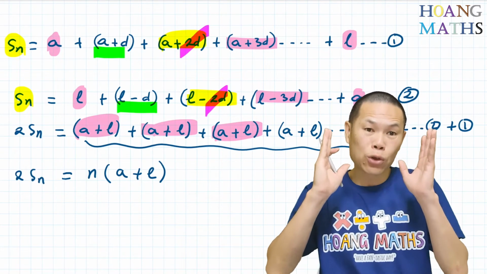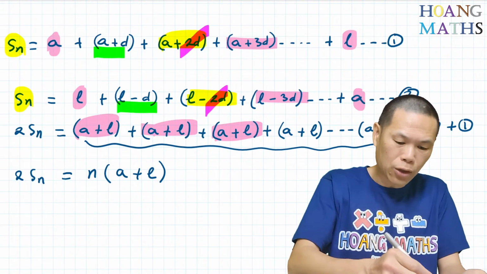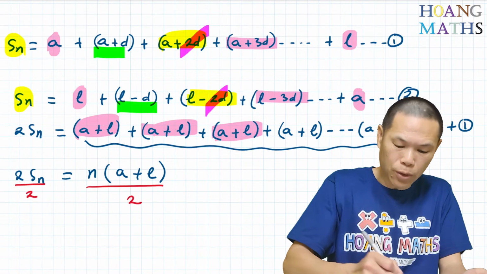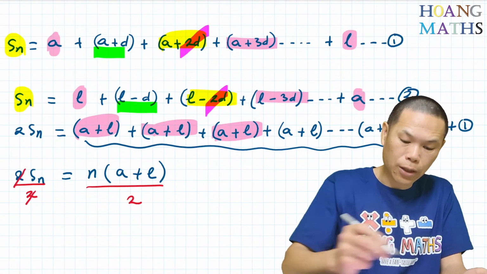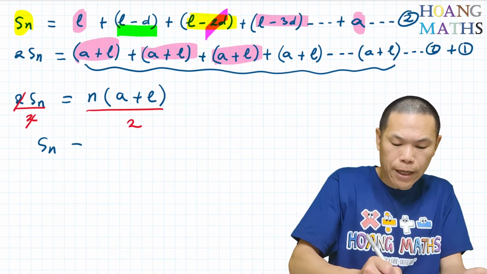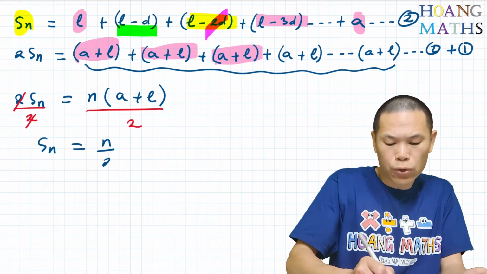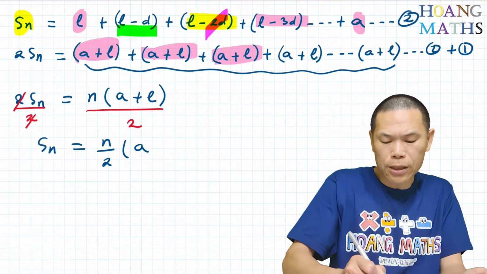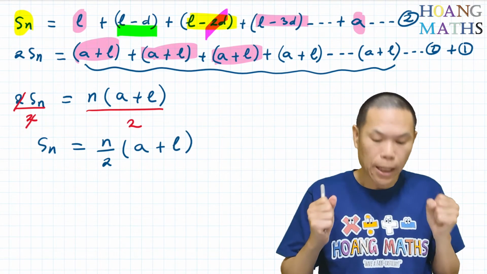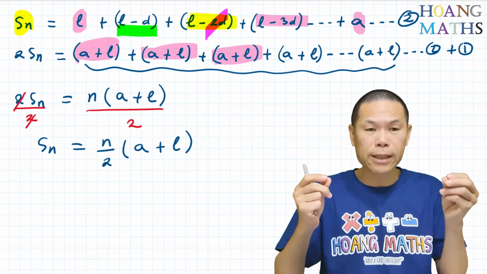If I divide by 2 on both sides, that cancels out. Therefore, the sum of n terms equals n over 2, times the first term plus L. L is the last term. So there you go. This is the sum of an arithmetic series.